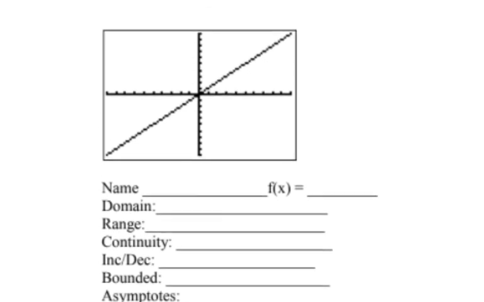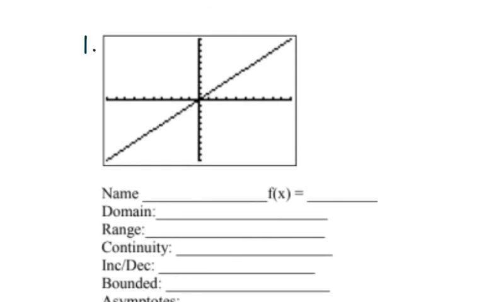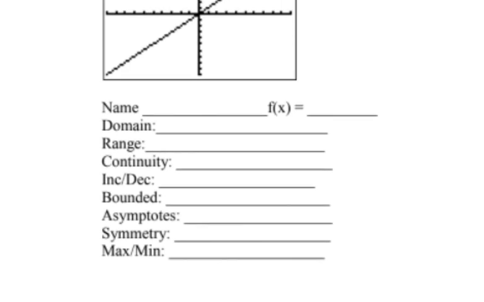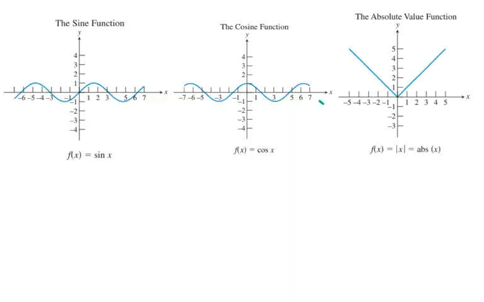So taking a look at this first one here, again on your worksheet you will have problem 1. This is the identity function, at least according to our textbook, but it is also known as the linear function. So either way, the equation is f of x equals x.